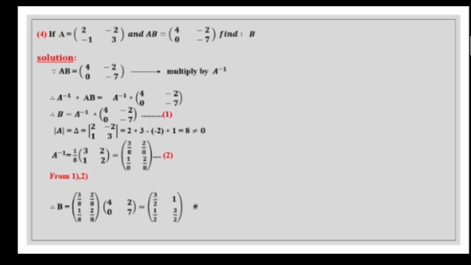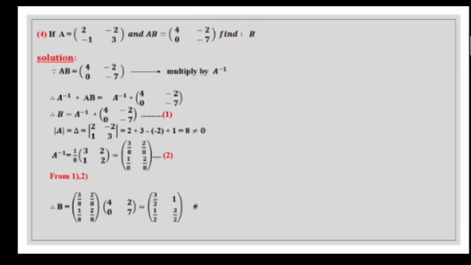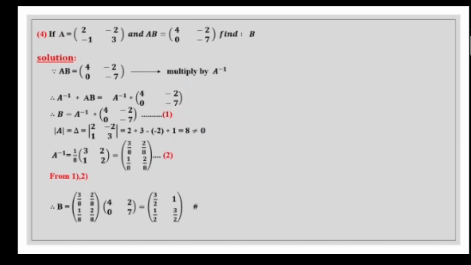Example 4. If matrix A equals 2, negative 2 and negative 1, 3, and AB equals the matrix 4, negative 2 and 0, negative 7, find the matrix B. Solution.